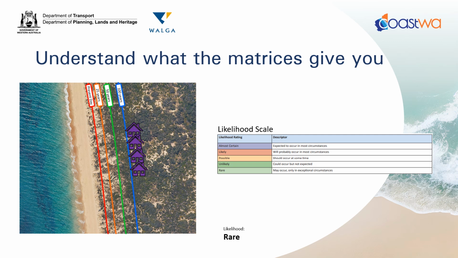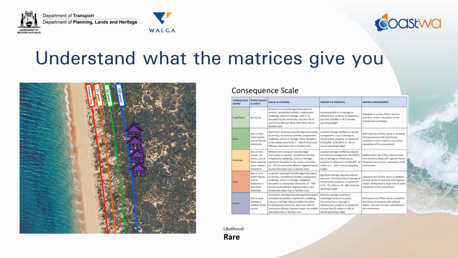So we have a likelihood of rare. The way that this is applied, we're looking at the consequence, and it's applying it by saying, okay, well, what would be the consequence of these houses being eroded?